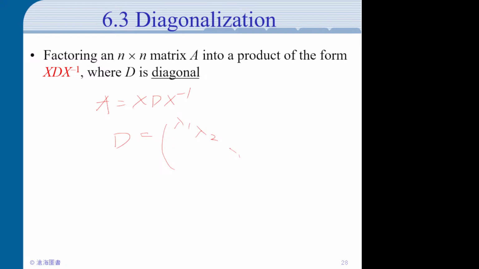So D will be the diagonal matrix with all its eigenvalues on the diagonal, and those eigenvalues will also be the eigenvalues of A. That's a very cool thing to have.